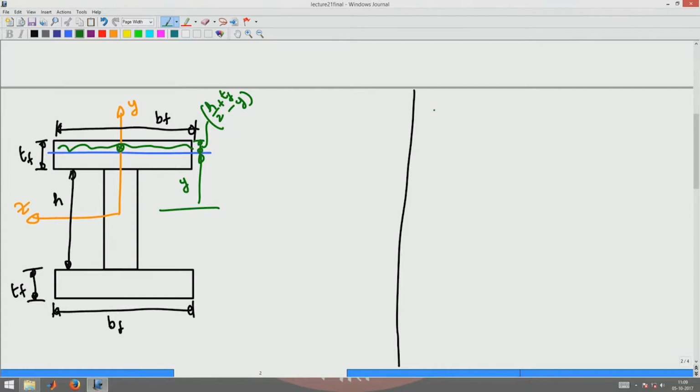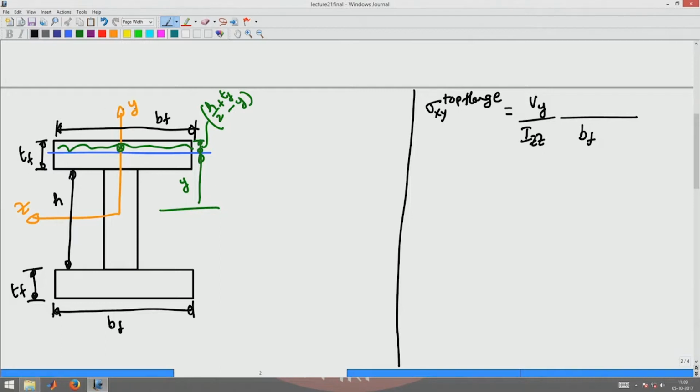So, your expression for sigma xy in the top flange would be Vy by Izz into, here the cross section width is Bf, because the blue line that cuts the cross section is of length Bf. So the denominator is Bf.